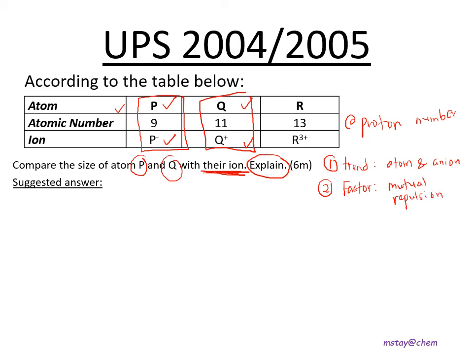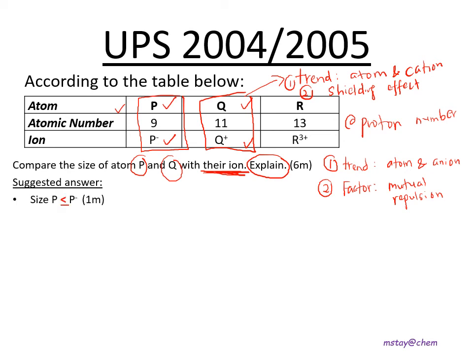While for the Q, the trend is also atom and ion, but this time we can be more specific, which is between atom and cation. So if atom and cation, we are going to use the factor of shielding effect. Now let's look at the answer.